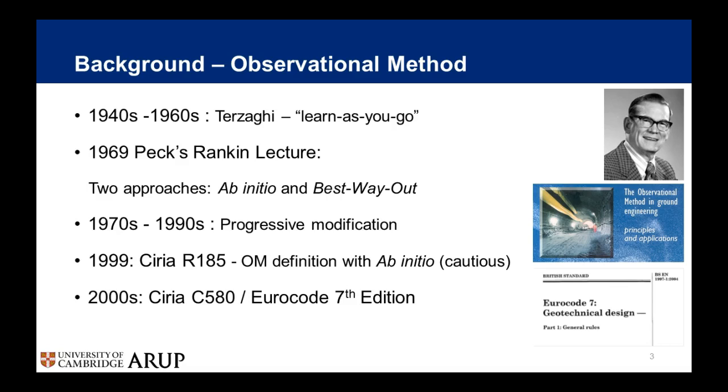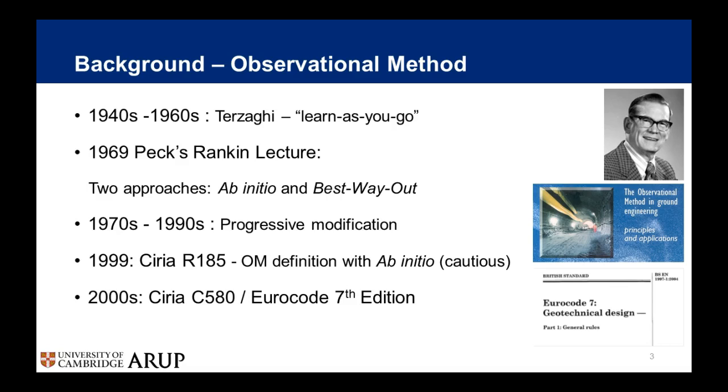So very shortly, the observational method is initiated from early engineering practice, and Karl Terzaghi summarized this as a learn-as-you-go method. But in 1969, in the ninth Rankine lecture, Professor Peck formulated this observational method with two design approaches.